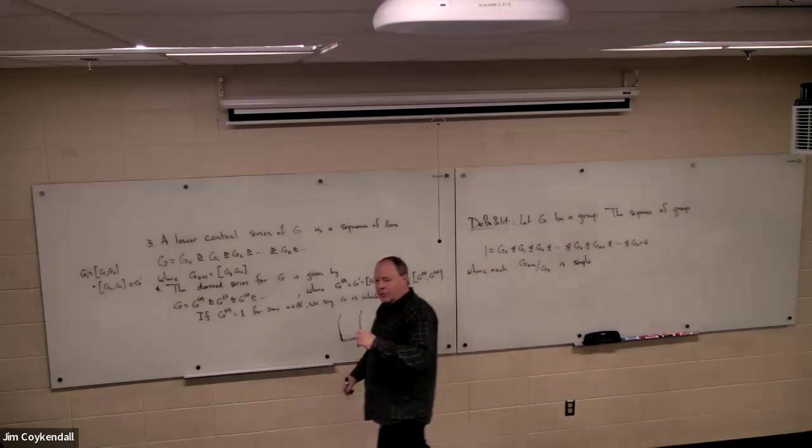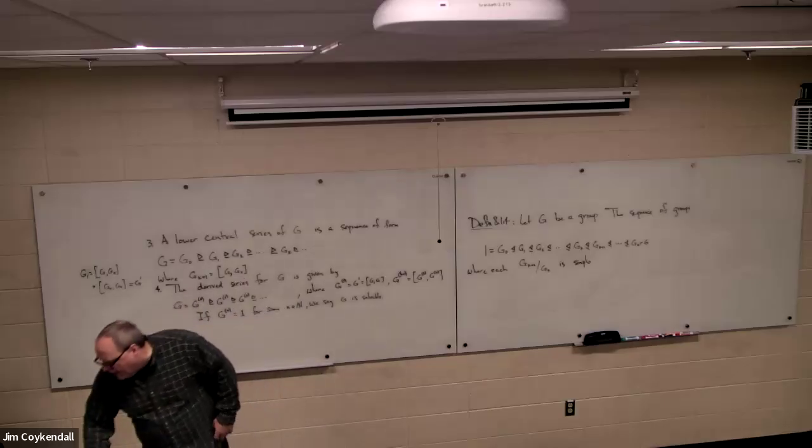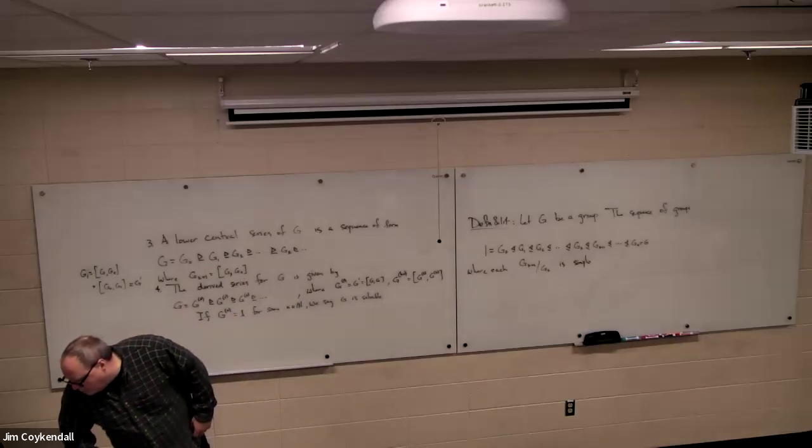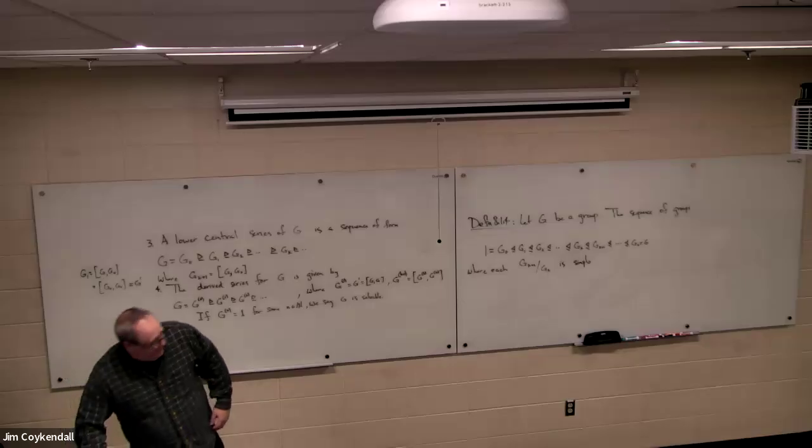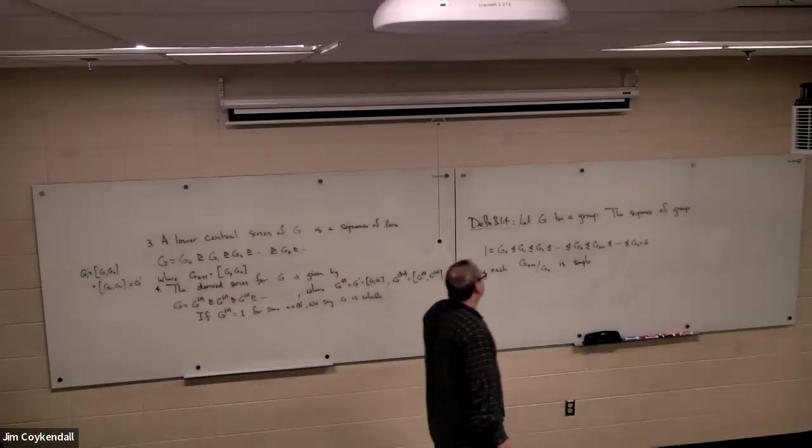Suppose that we have the sequence of normal subgroups and we have the quotient being simple. This is called a composition series.